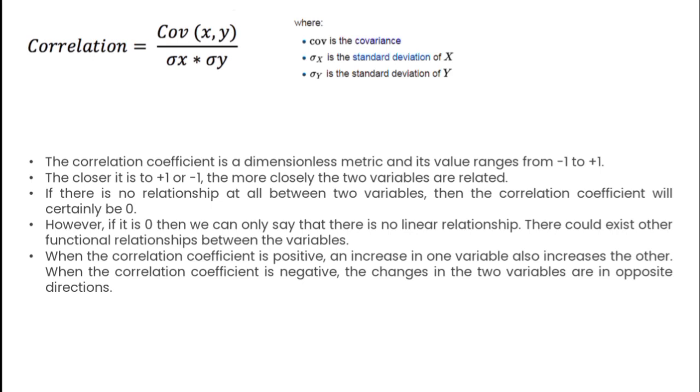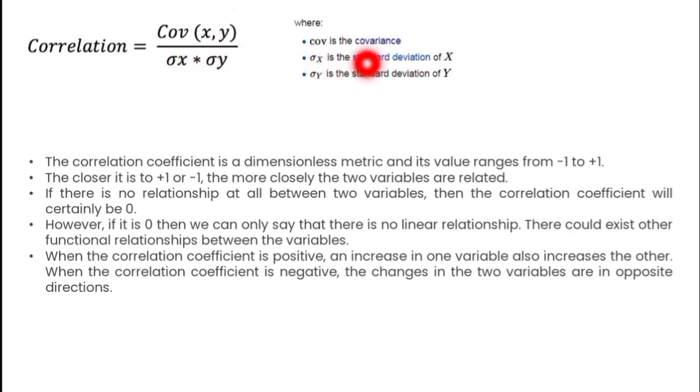Right, the correlation formula is simple. To find the correlation, first we have to find the covariance. Once I find the covariance, I can divide the value by sigma x into sigma y.